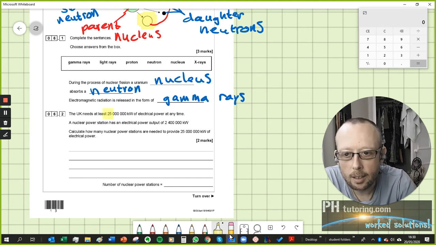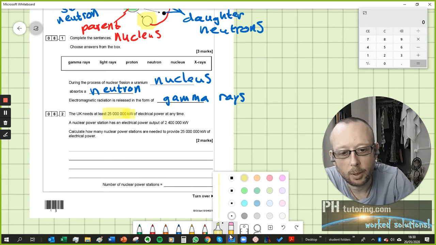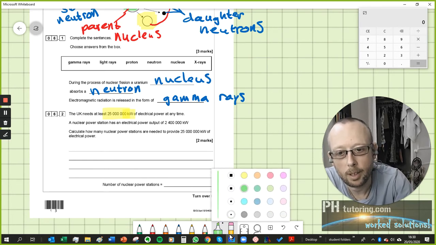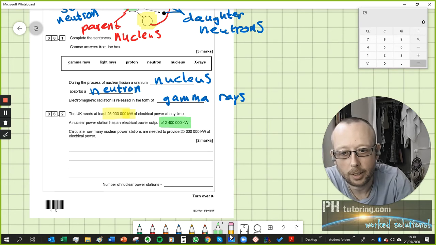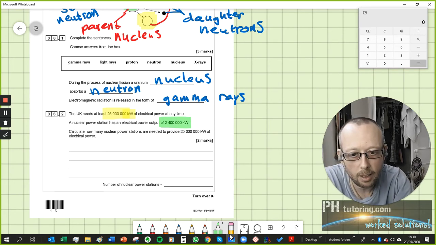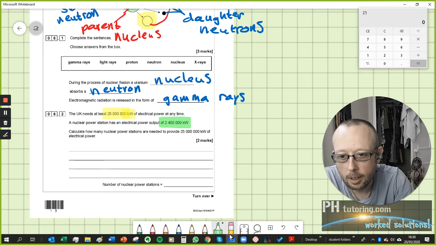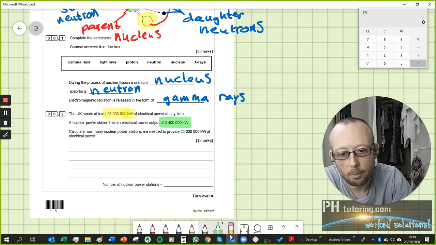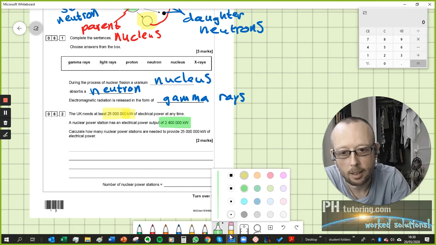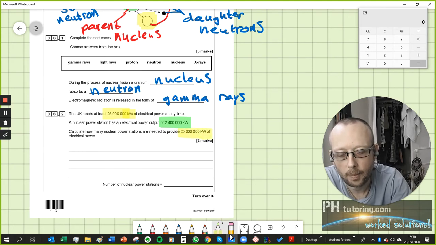We need that much energy, and each power station produces that much, the energy in green. That number at the bottom is simply the amount that we need.